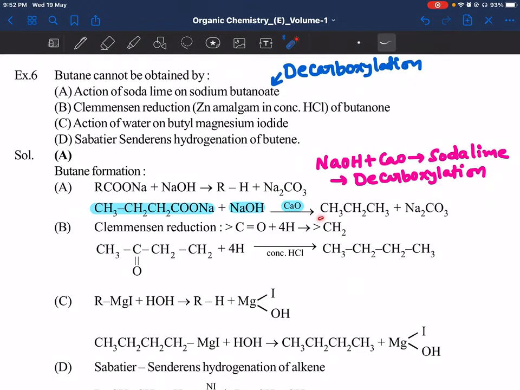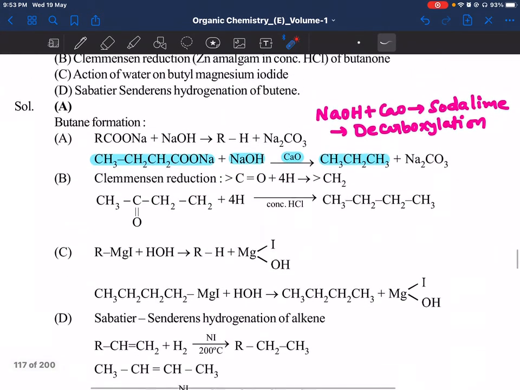The specialty of this one is that the reactant has four carbons and the product has only three carbons, one carbon less. That's why by using soda lime we cannot prepare butane. Sodium butanoate undergoing decarboxylation gives propane. It won't give butane. So option A we can take.